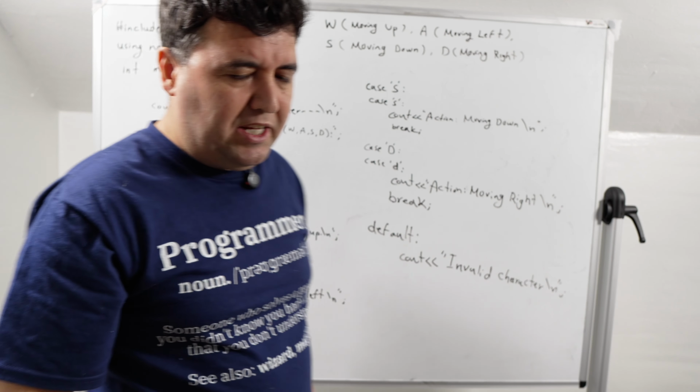So now it's time to go to our computers and write this program. I'm back on my computer. Let's open our C++ IDE, and we are on lecture 35. In lecture 35, we write a game controller using a switch statement.